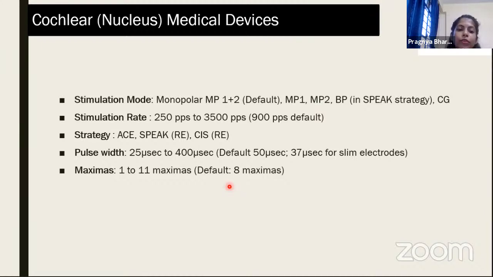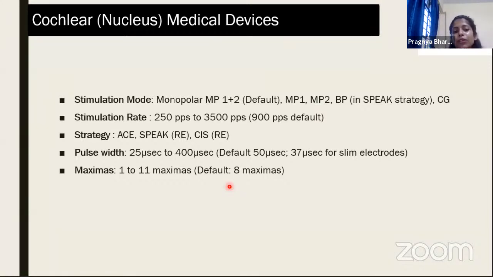Stimulation rate can vary from 250 pulses per second up to 3,500 pulses per second, but as a default, they generally use about 900 pulses per second. The speech coding strategy currently used is the ACE strategy, but they also have the option to use SPEAK or CIS strategy.